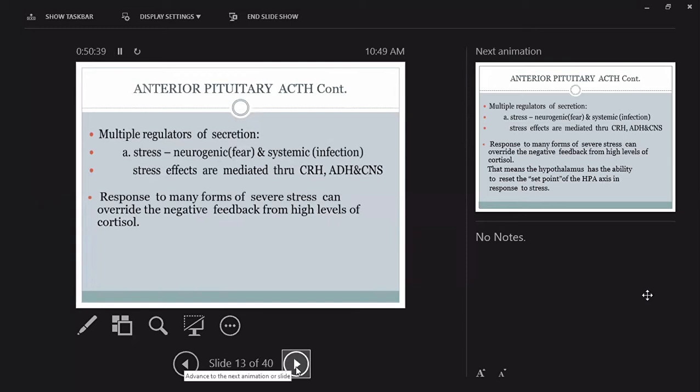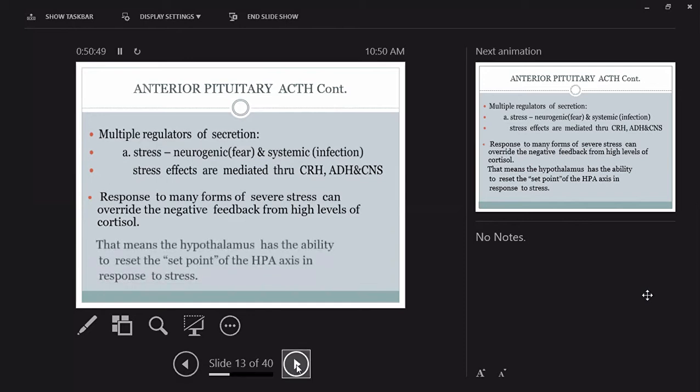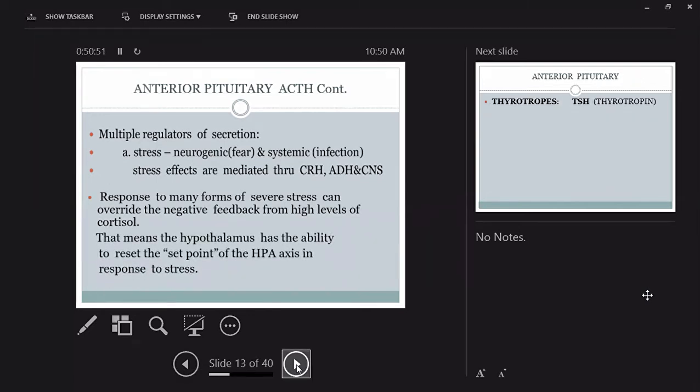Just like if you have systemic infection, the patient cannot sleep either. That means the hypothalamus has the ability to reset the set point of the hypothalamic pituitary axis in response to stress.